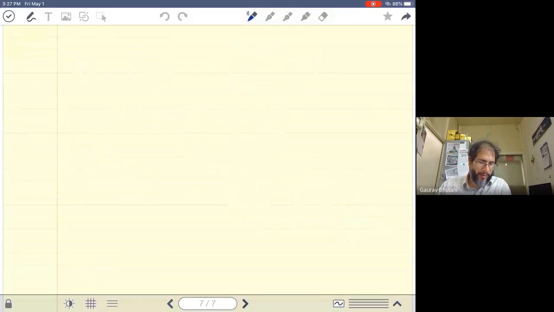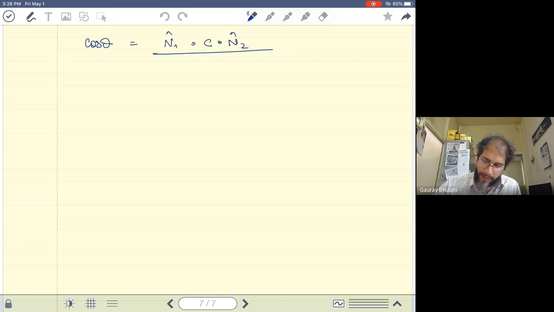Now in the second part, we have to find the angle theta 1 2 in the deformed configuration between the n1 and n2 vectors. Let's go back to the discussion on theta 1 2. So cos theta was written as n1 hat dot C dot n2 hat divided by lambda in the n1 hat direction times lambda in the n2 hat direction.